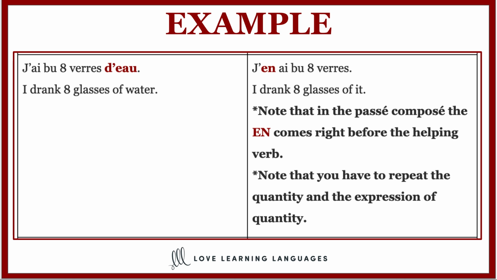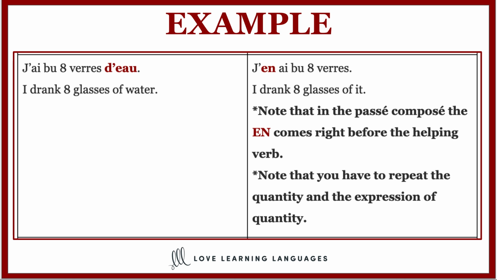All right, and we're using the passé composé in this one. I drank eight glasses of water. In English, yeah, I drank eight glasses. If you just say that in French, people are going to be like, eight glasses of what? So we have to say I drank eight glasses of it, and that's my en. And notice where it's placed in the sentence: j'en ai bu huit verres.